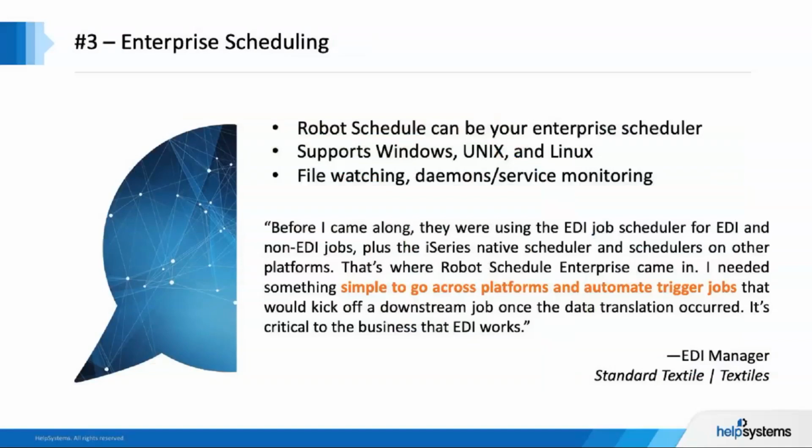Yeah, enterprise scheduling. Since day one, IBM i, System 38, AS400, it's always been a core application at the center of many businesses. And the need to interface with other applications running on other platforms has been a necessity, really. Robot Schedule Enterprise bolts on seamlessly to Robot Schedule to provide you with a hub, a central control point to manage your whole cross-platform schedule.